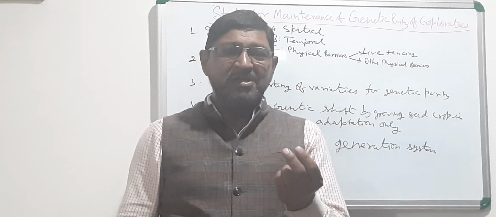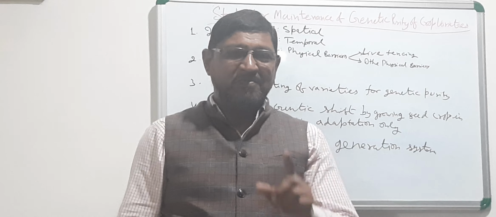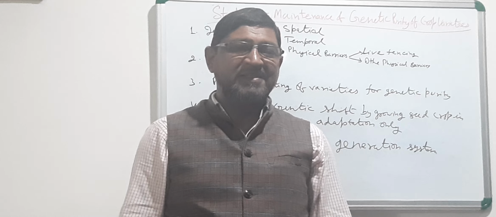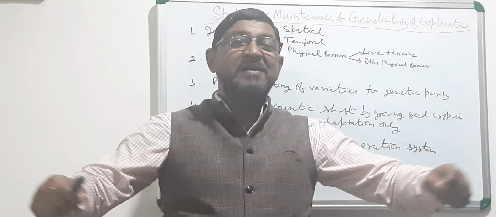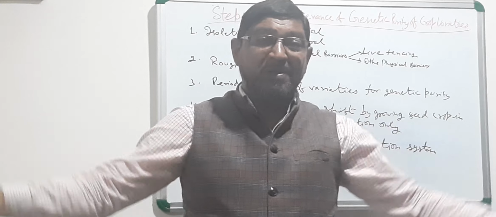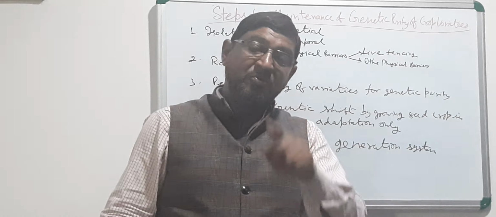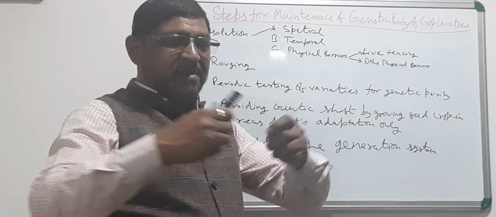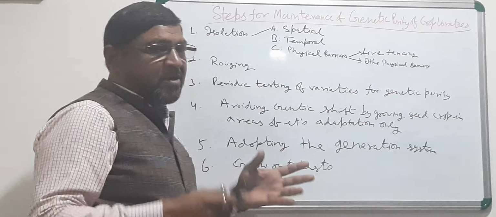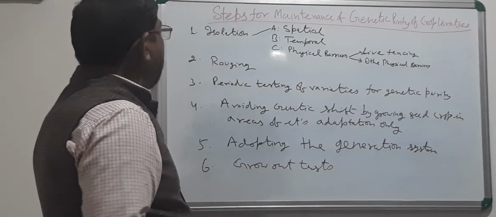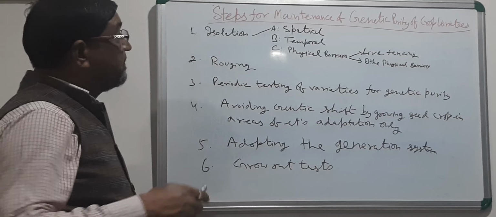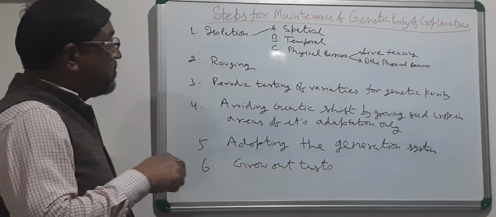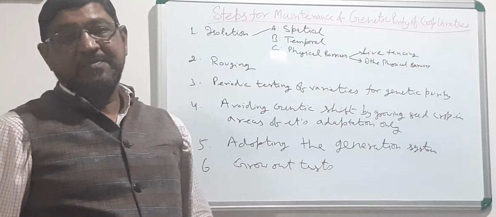It is ready to accept once you are using male sterile lines. So there will be 100 meters or 200 meters isolation distance, though it is a self-pollinated crop. So once you are going for hybrid seed production, the isolation distance, whether self-pollinated or cross-pollinated, will be more.